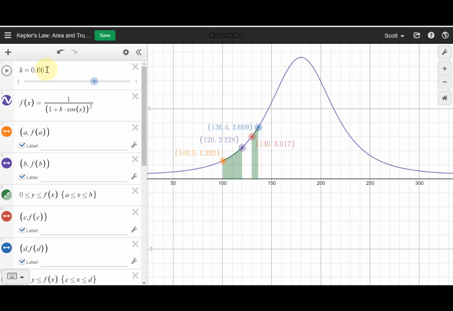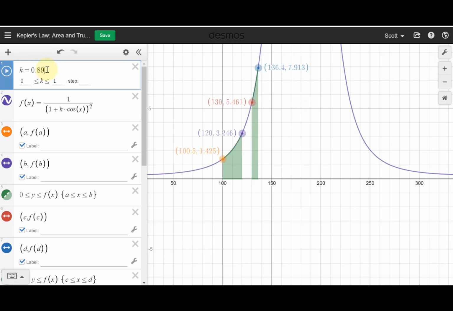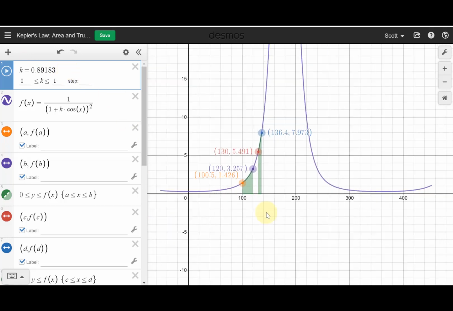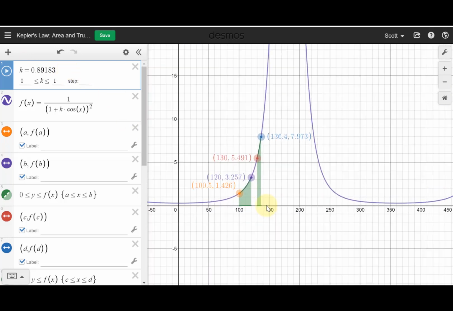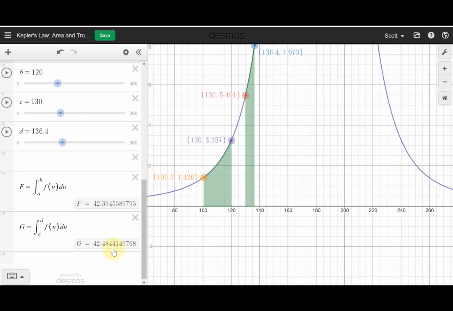But actually that's with the eccentricity of the orbit that we had, 0.89183 roughly. I'll make it that. So that's this curve, right? So finding the areas here. Now these should be the same. That's what I'm checking here.